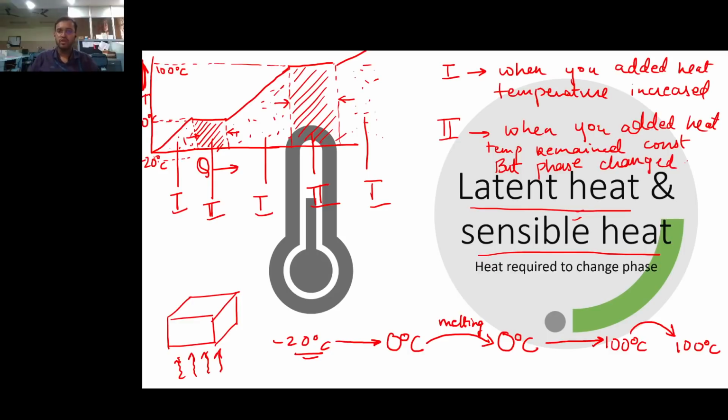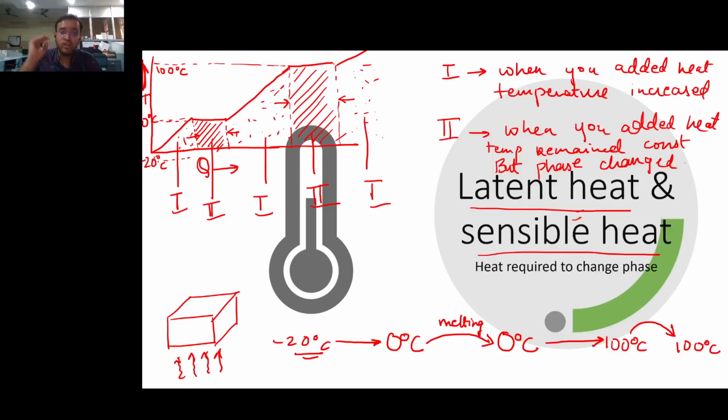All right. So you distinctly have these two regions. One in which whenever you heated up the substance, the temperature increased, and 2, when you heated up the substance, the temperature remained the same. However, the phase changed either from solid to liquid or liquid to gas or vapor in this case.